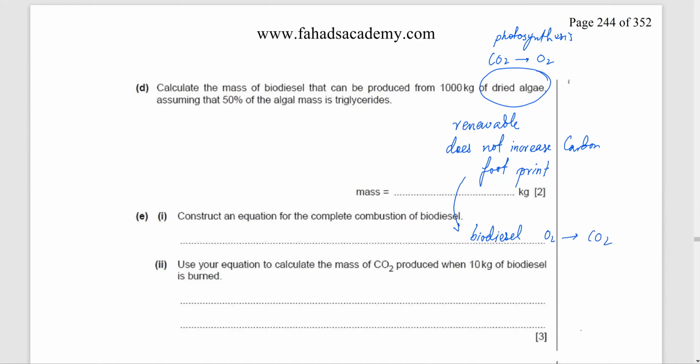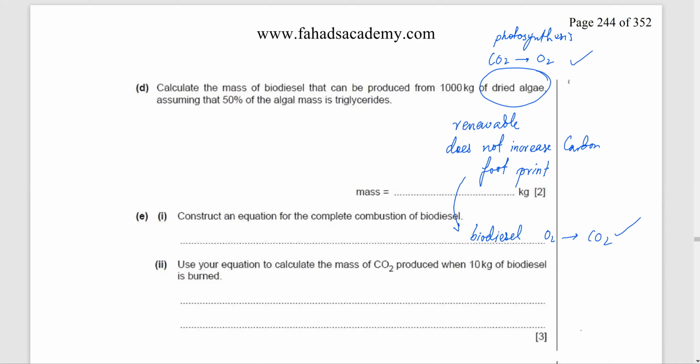So net result would be zero. In one process when algae is being formed, carbon dioxide is getting converted into oxygen. But once biodiesel has been formed and it's burnt, it's formed back into carbon dioxide. So the net effect is going to be zero.